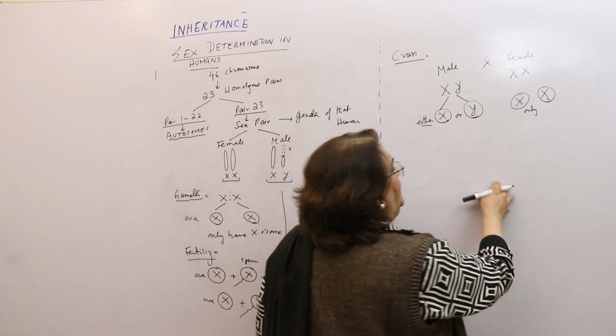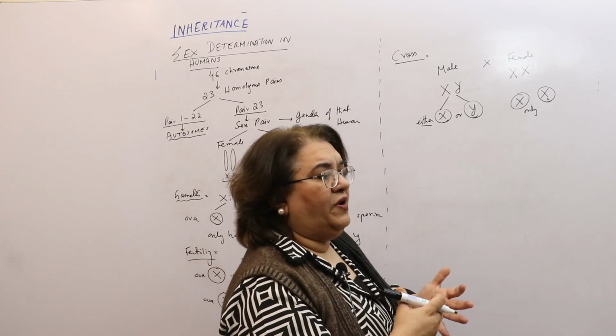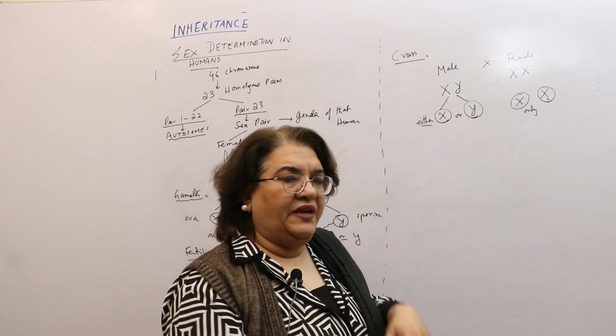Now let's draw a Punnett square to see the probability of a male or a female child being born at every fertilization.